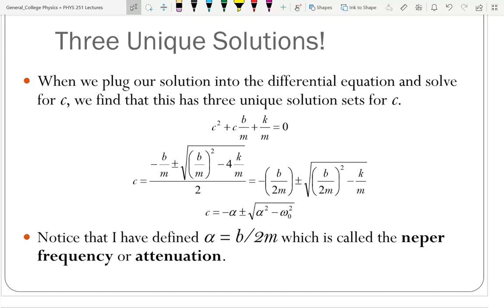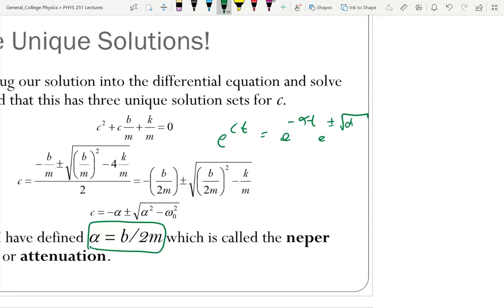We first are going to define alpha as b over 2m. And we call that the neper frequency, or the attenuation. The reason we call it the attenuation is because when we put e to the ct, that's going to be equal to e to the minus alpha t, e to the plus or minus square root alpha squared minus omega 0 squared t.